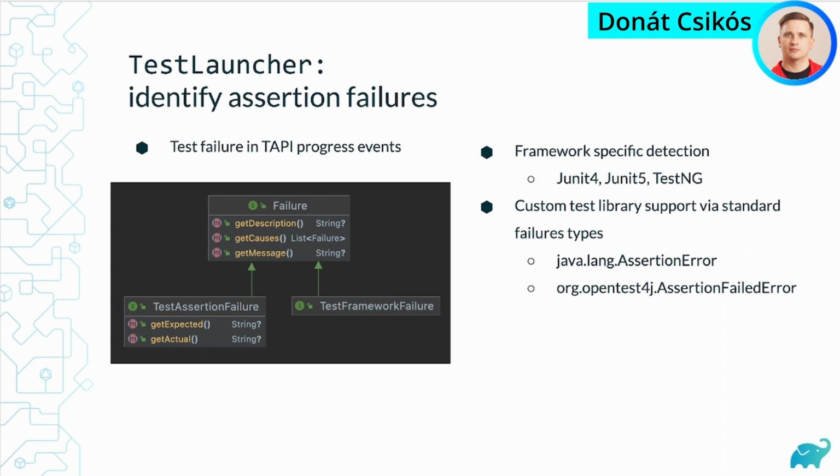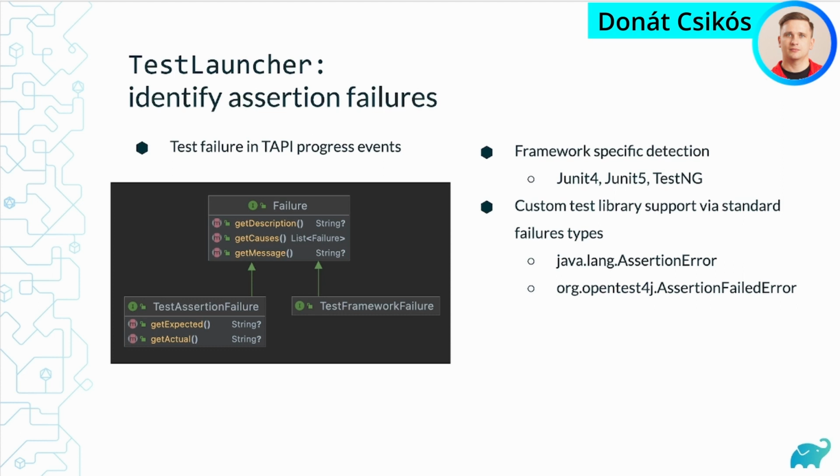The tooling API sends events to notify the IDE about the build progress. The test failures are represented with objects of type failure. In Gradle 7.6, we added sub-interfaces to this failure type. The generic failures and the assertion failures are represented with the test framework failure and test assertion failure types, respectively.